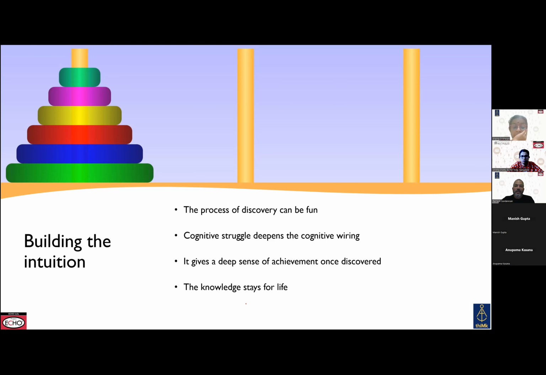So this knowledge, which is acquired through the process of actually discovering and going through the cognitive struggle and coming to a certain answer, right or wrong is not important. If that were to happen in every child, that is what math is all about. This is the soulful part of mathematics itself, the discovery and the intuition which gets built.